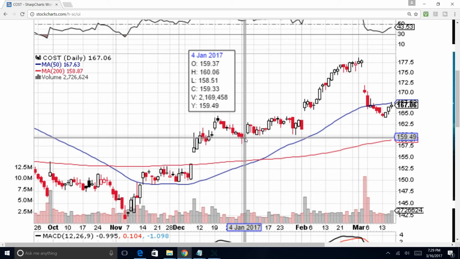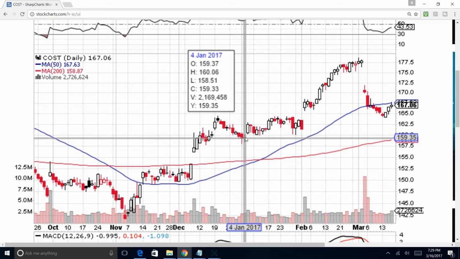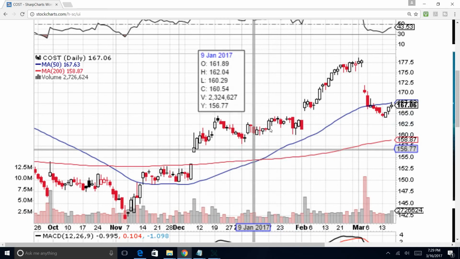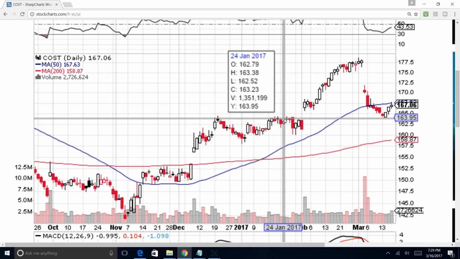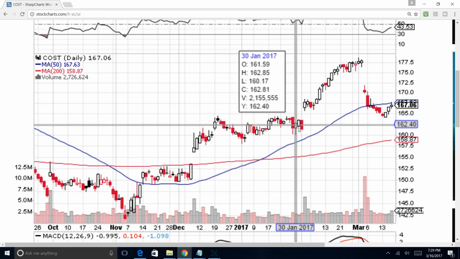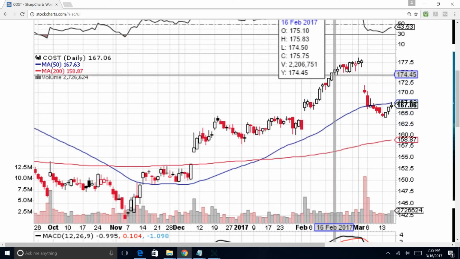So that's just another way to confirm, hey, I may want to buy in here. And it was accurate at this time because it traded up after that. Now the same thing, a doji in an uptrend is usually a reversal to the downside. So we see that here a little bit. Then the stock took off again.